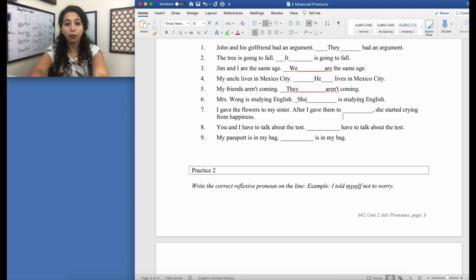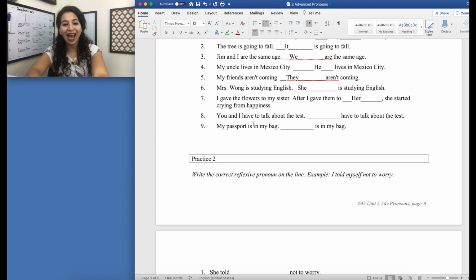After I gave them to her, okay, because we want to know where it went, she started crying from happiness. You and I have to talk about the test. We have to talk about the test. My passport is in my bag. It is in my bag. So it here is replacing my passport.